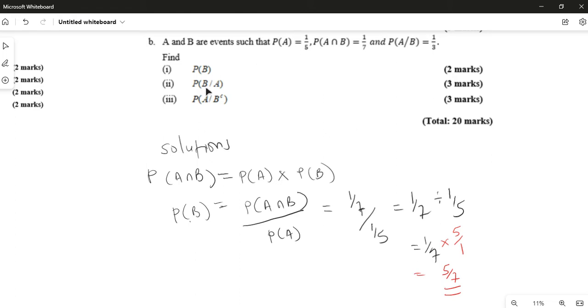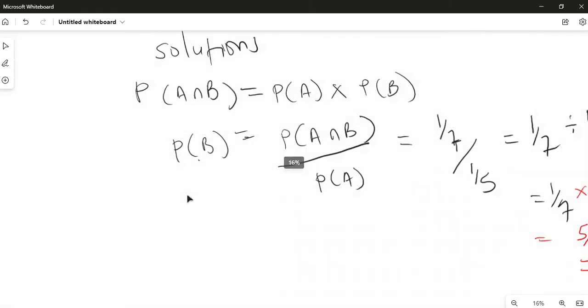Then the probability of B occurring only if A occurs, this is conditional probability.